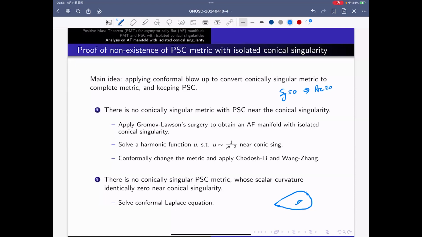Basically, if the Ricci curvature is not identically zero, then we can deform the metric to get a positive scalar curvature metric with conic singularity. And after we get this, then we can use some rigidity result in RCD spaces to get our rigidity result.